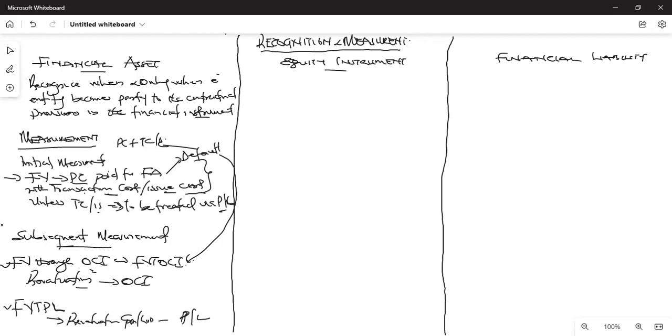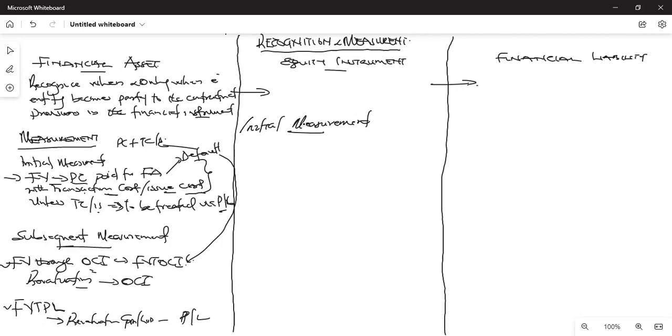So I'm going to use the space to talk about the initial measurement and the subsequent measurement. For the initial measurement for an equity instrument, it cuts across. Take an equity instrument, like purchases of shares in another entity.